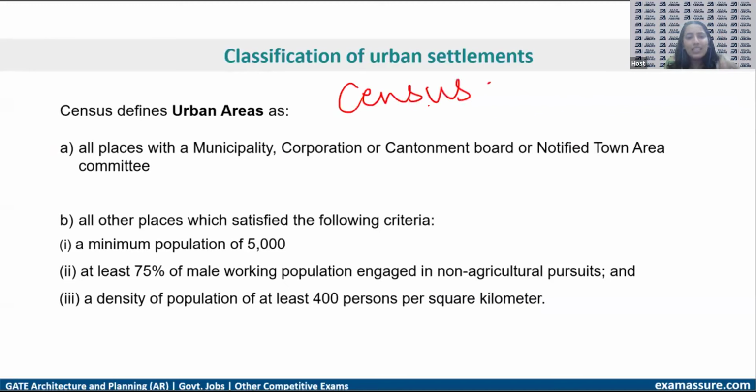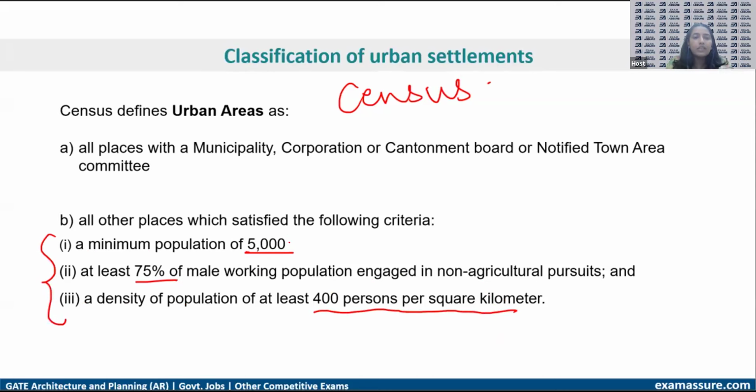Other than that criteria, where an area has a minimum population of 5,000, at least 75% of the male population working in non-agricultural pursuits, and a density of population of at least 400 persons per square kilometer, then that area will also be called an urban area if it fulfills all these three criteria.